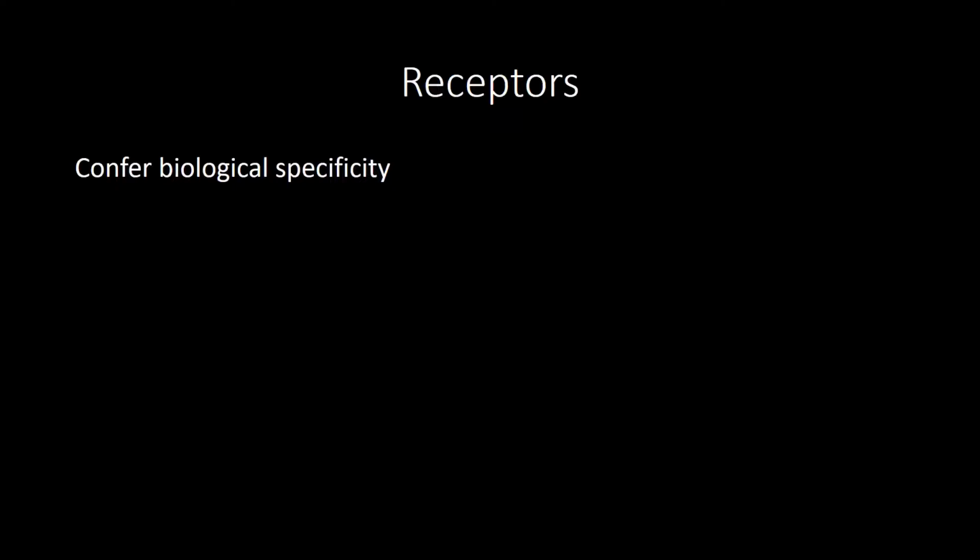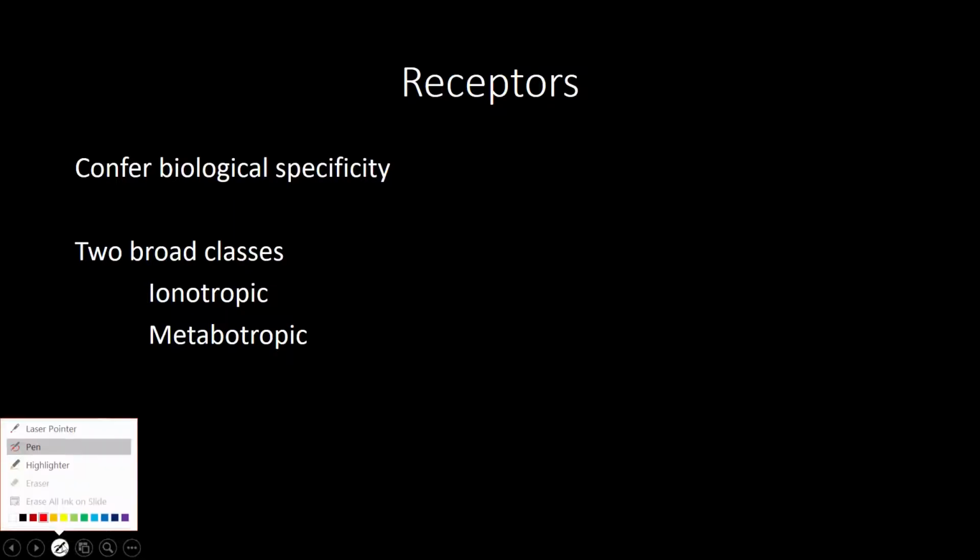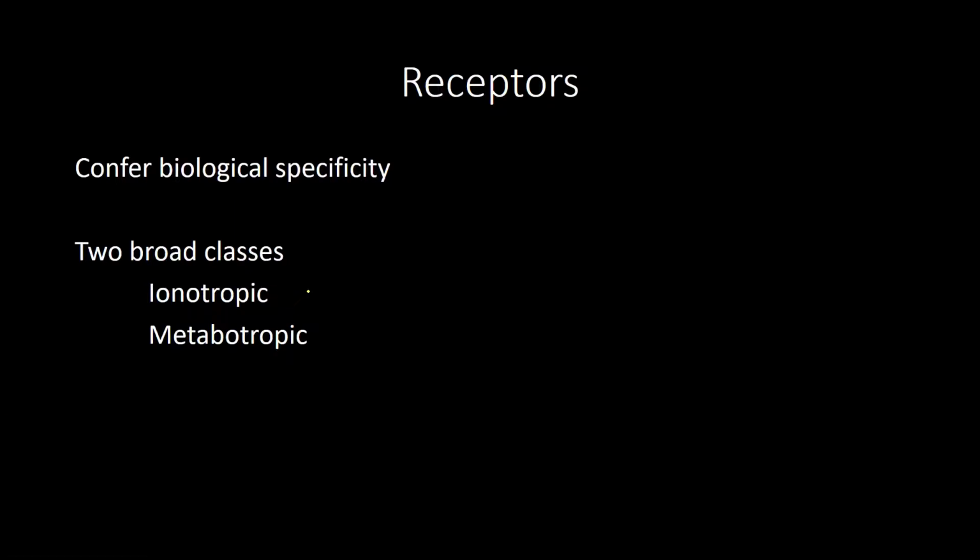Now, when we talk about receptors, we divide them into two broad classes depending on what they do. We'll talk about ionotropic and metabotropic receptors. Ionotropic receptors are going to be ion channels. So these are going to be actual tunnels. So when the neurotransmitter binds, ions flow through the receptor.